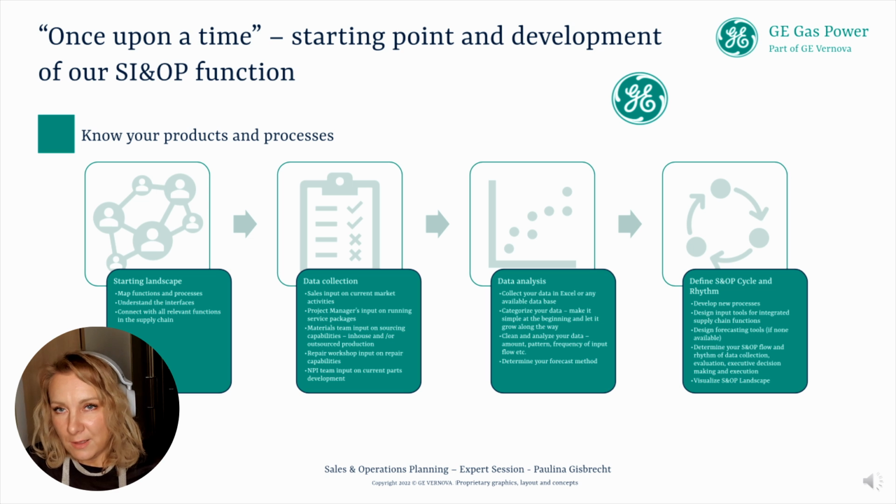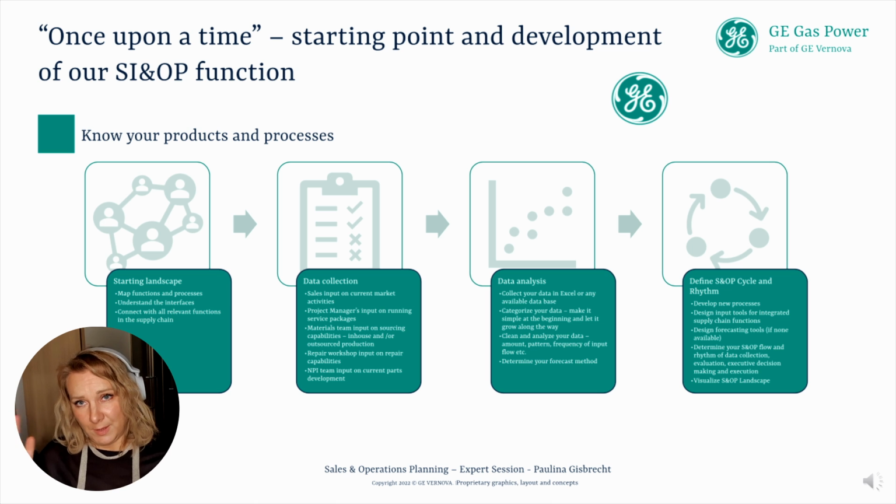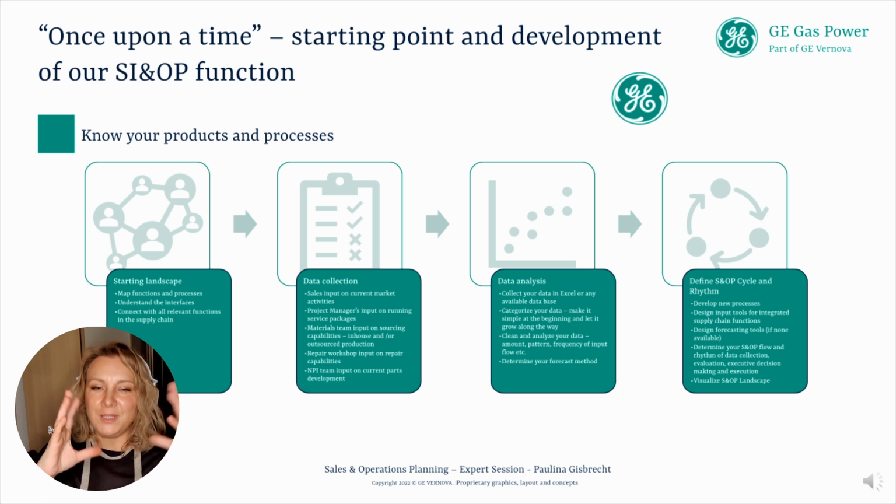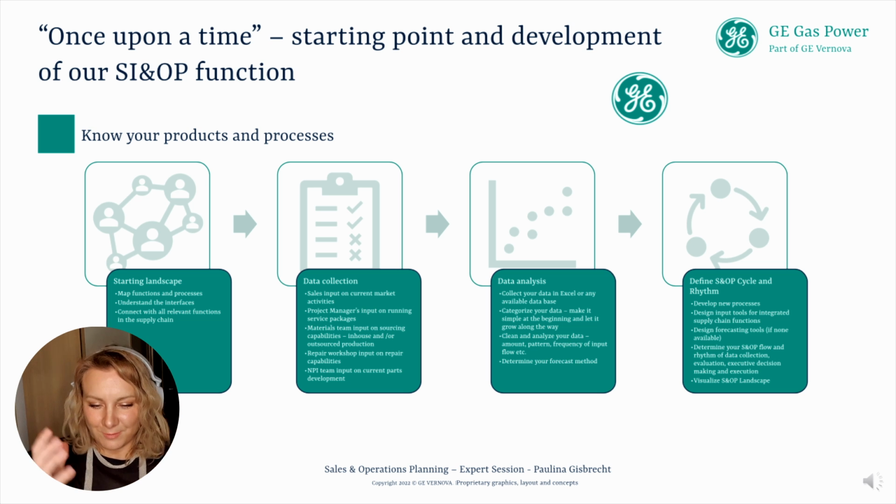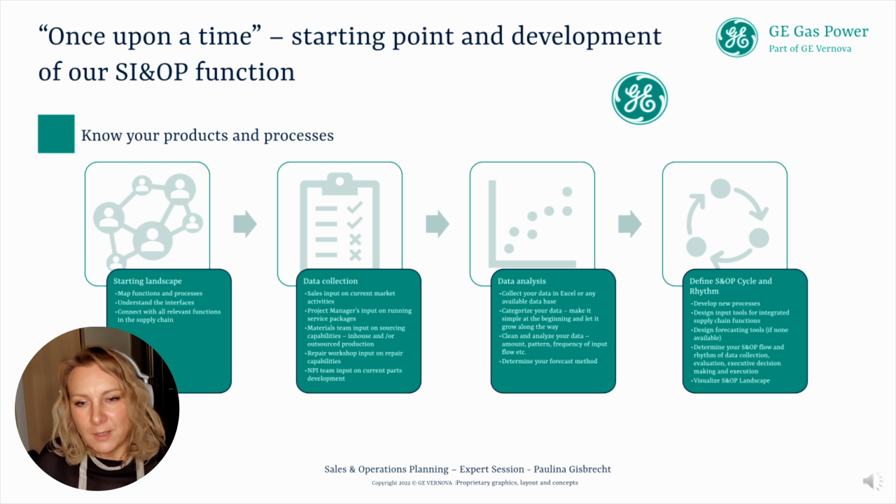So as I started, that was 3 years ago. The product line was still in the very initial stages. So basically the functions were not really talking a lot to each other. Materials team was trying to produce and order parts to stock so we can serve a certain immediate huge amount of demand, having eventually an inventory overflow.